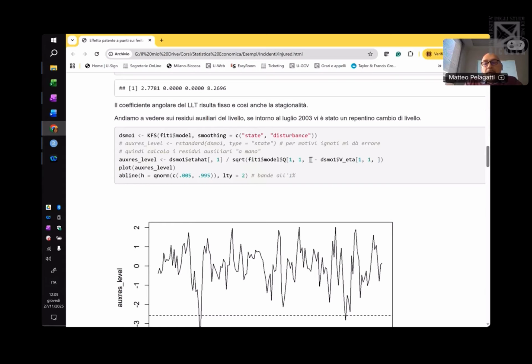Here I use the formula. You can use, of course, the R standard function. Maybe I'll just substitute the R standard one. This is, let's say, the hard way to compute the same thing.